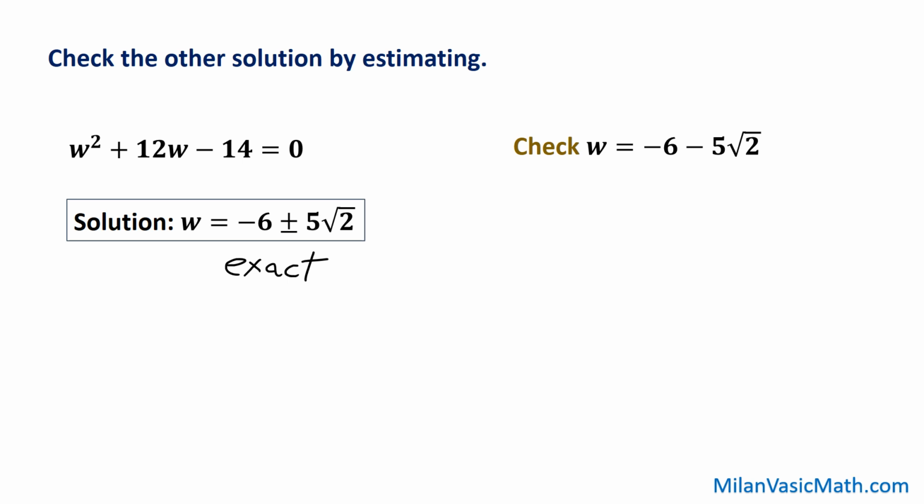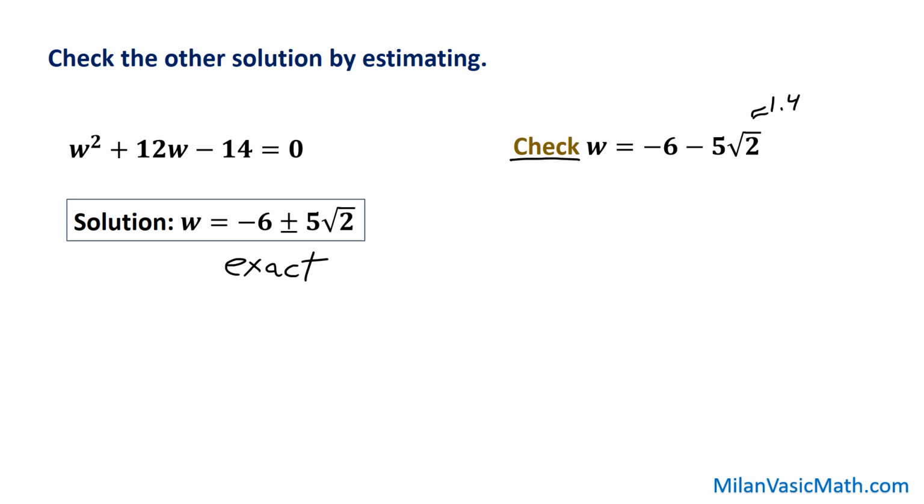So we have the other solution on the right side, negative 6 minus 5 radical 2. You could estimate that mentally. You know that radical 2 is approximately 1.4 times negative 5 is negative 7, and negative 6 minus 7 would give us about negative 13.